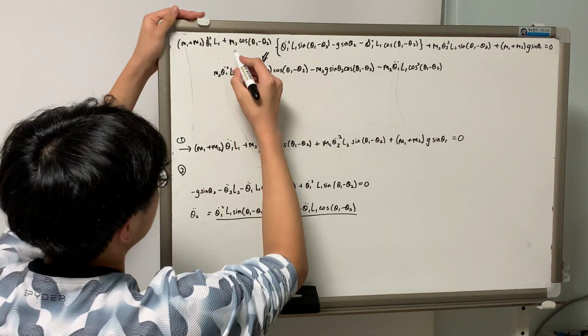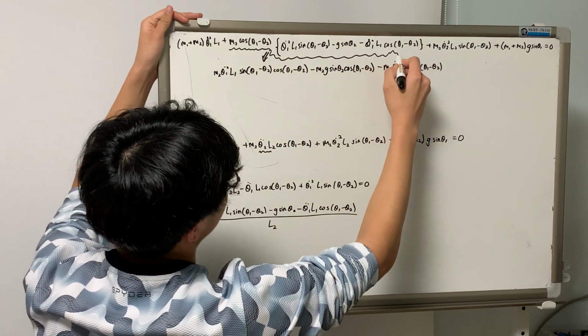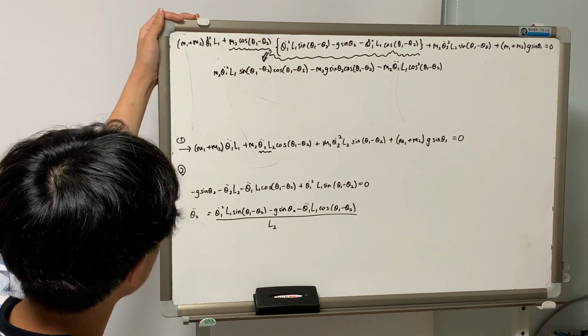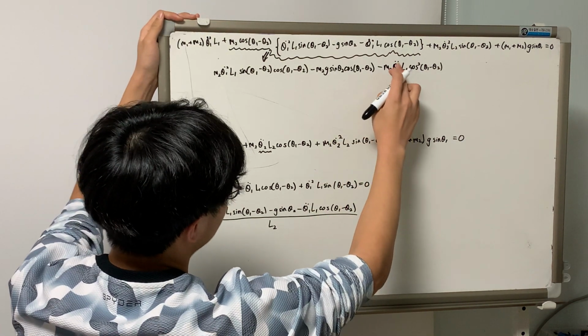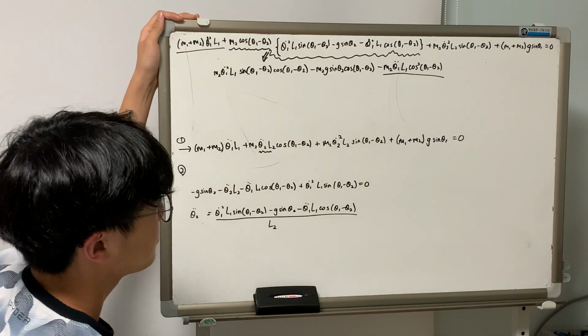And you could imagine all of this here being replaced by our new value on the bottom. Then let's wrap this term here and this term here by theta 1 double dot.